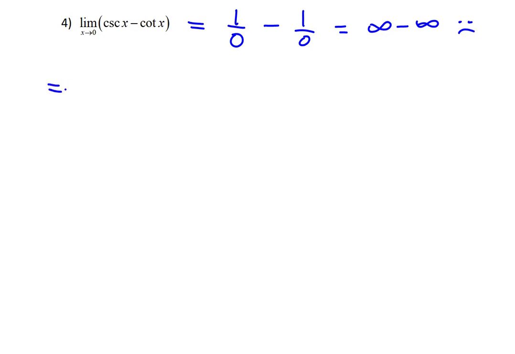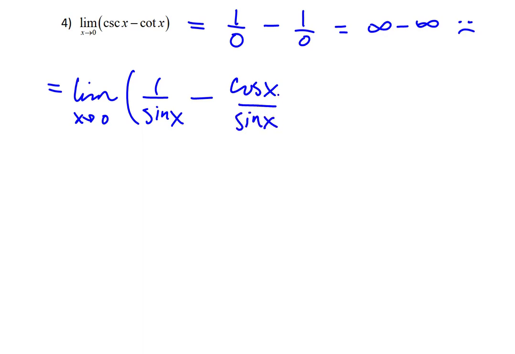And so let's go ahead and see what we can do by rewriting this as the limit as x approaches 0 of, let's actually write out these trig functions in their more basic definitions. We've already mentioned it. Cosecant of x is really 1 over sine of x, minus cotangent of x is really cosine of x over sine of x.